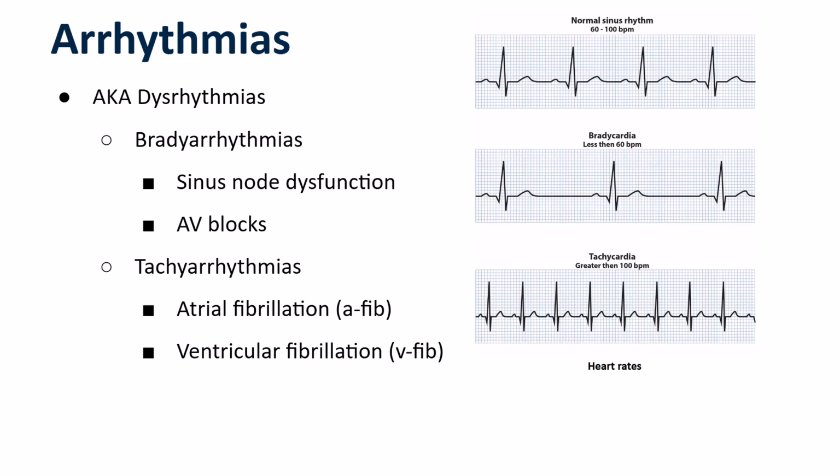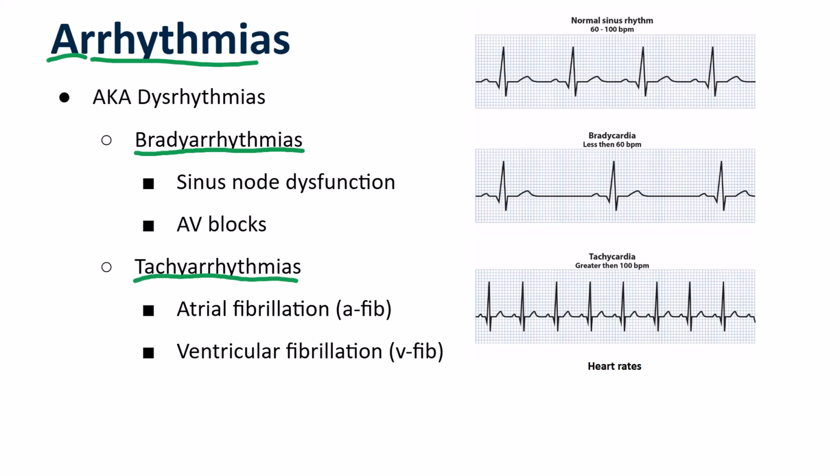There are also arrhythmias. Arrhythmia means an abnormal rhythm, but technically this means without rhythm. We refer to these as dysrhythmias, and there are two general categories. There's that of bradyarrhythmias, those which are slower, and tachyarrhythmias, those which are faster.